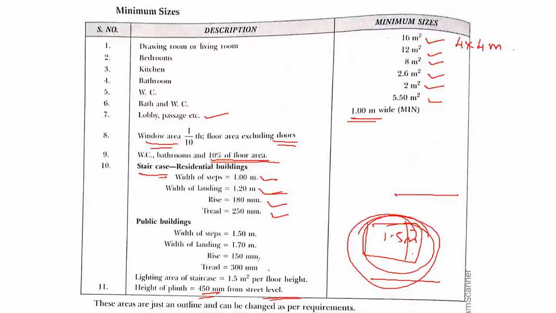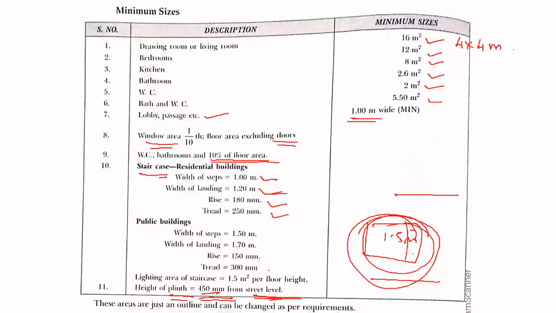You will have a street or a road outside of your house. So the plinth level of your house should be raised from the street level to a height of 450 mm. That is the meaning of that.